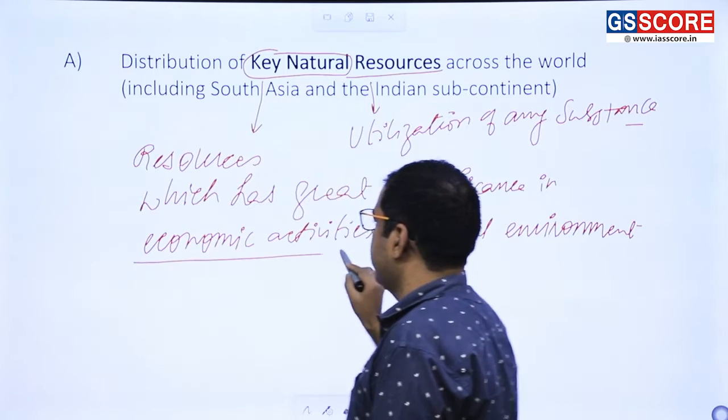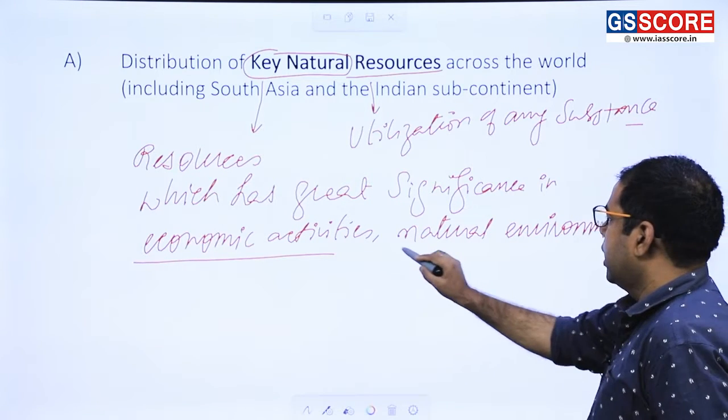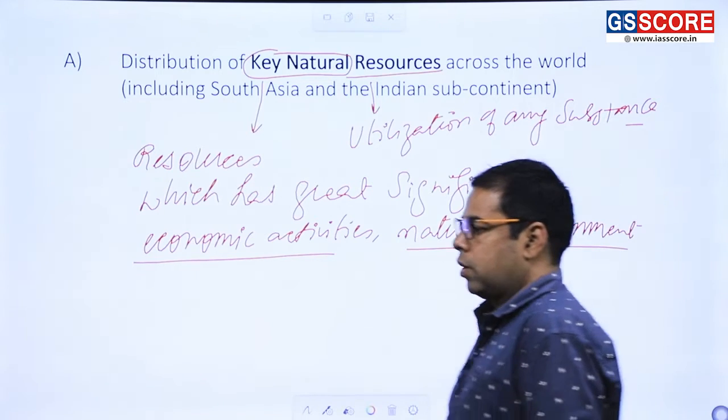Has significance in the economic activities and also has a contribution in the natural environment.